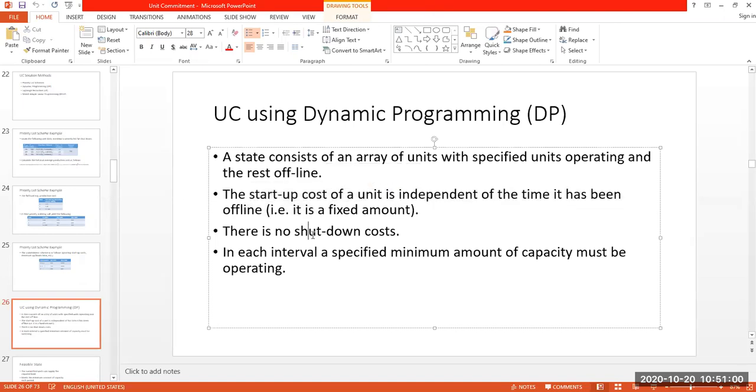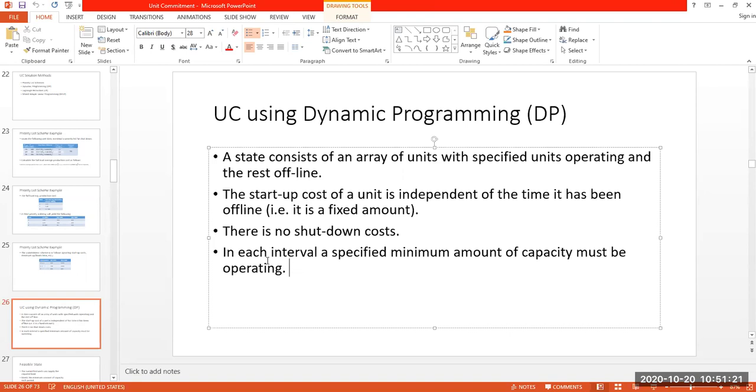On the other hand, when you are shutting down some units, although there could be some cost associated with that, in this example we are not including it. However, in the most general case, you should keep the shutdown cost as time dependent.